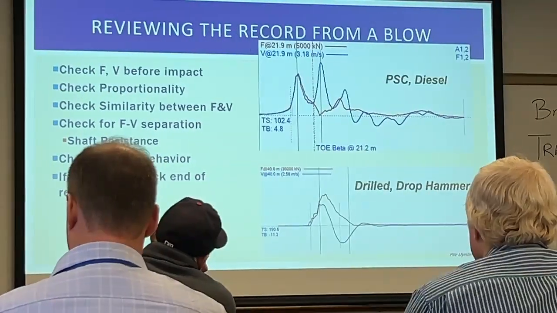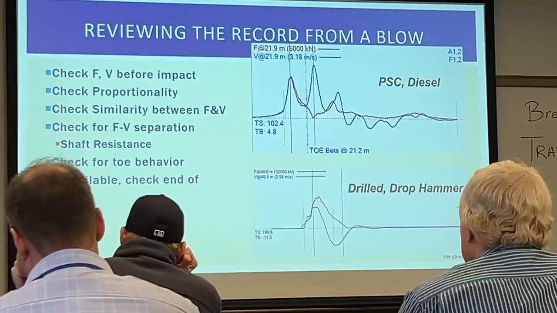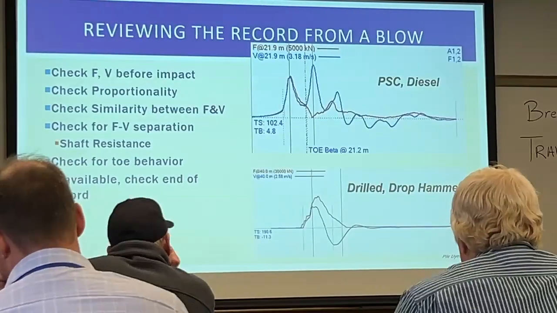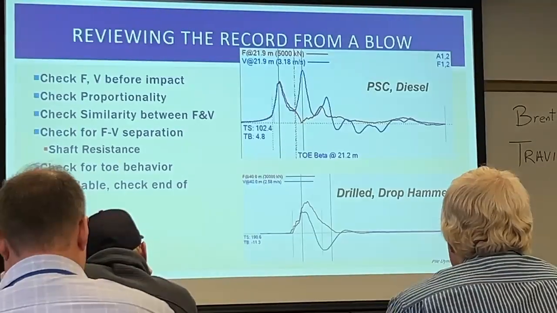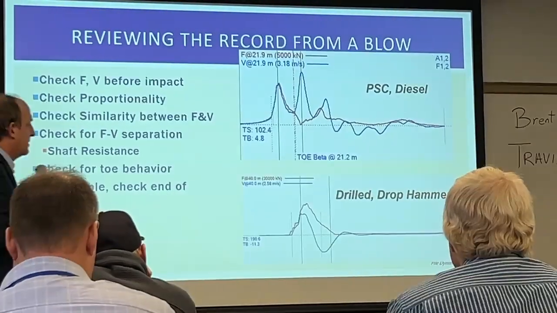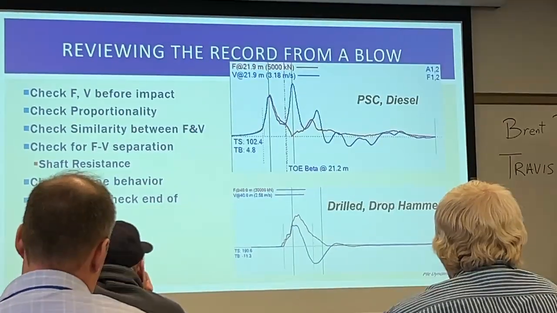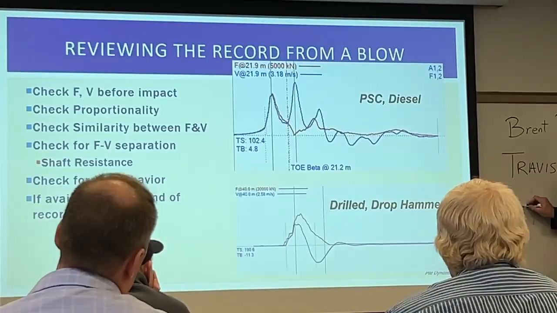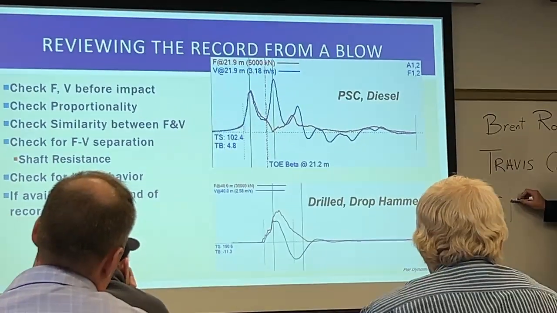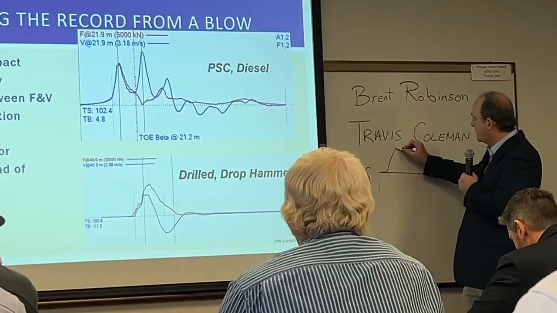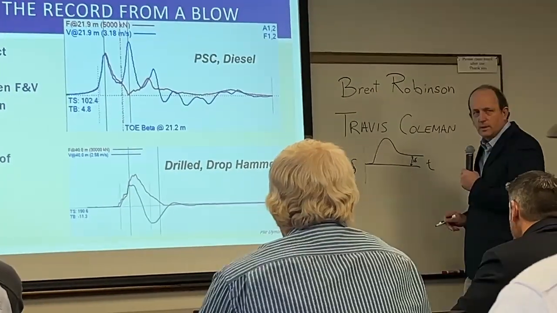And remember, we take our acceleration data and we integrate it to velocity, and we integrate the velocity data to displacement. So if you are seeing a displacement curve, normally we'd expect the displacement to do something like this, where that is the permanent set.